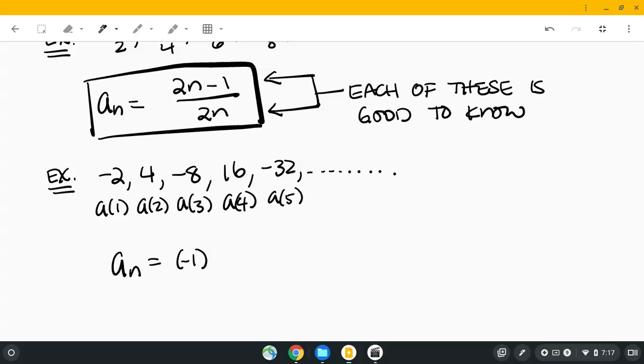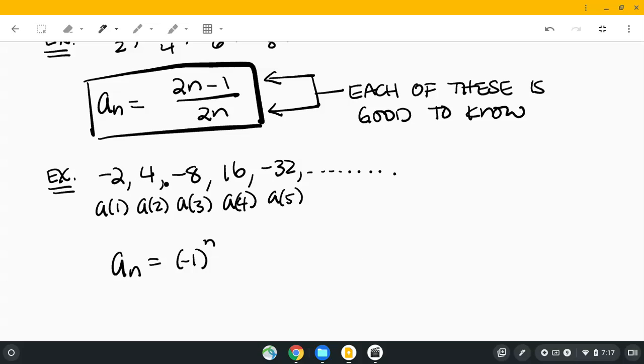And it's going to be to the n, because when I plug in 1, I get a negative. When I plug in 2, I get positive. When I plug in 3, I get negative. When I plug in 4, I get positive. Okay? So it's going to be -1 to the n. Just make sure you always check, because it's not always -1 to the n. It might be -1 to the n plus 1. Okay, so just always check when you plug in these inputs, are you getting the result you want?